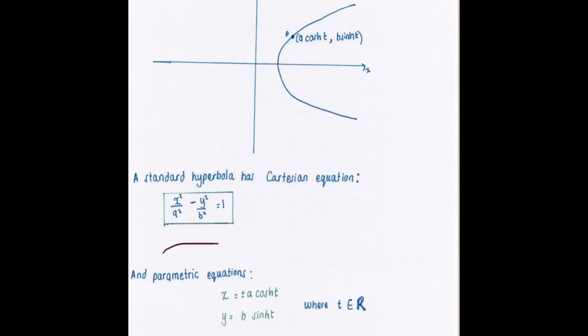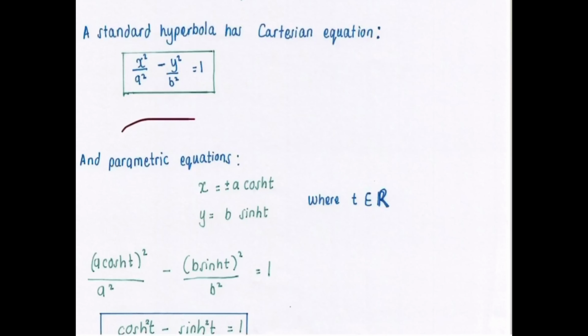So as you can see here, we have P as our general point and it follows what the parametric equations are. With this new information, you can form another key identity. Cosh squared t minus sinh squared t equals 1.